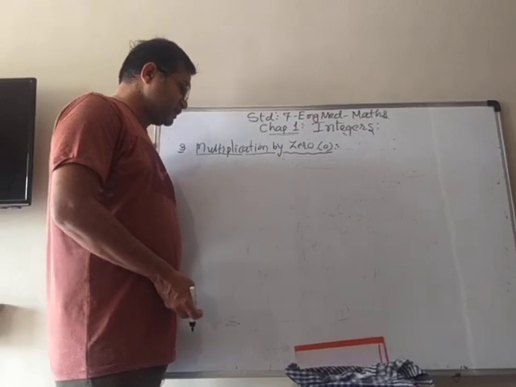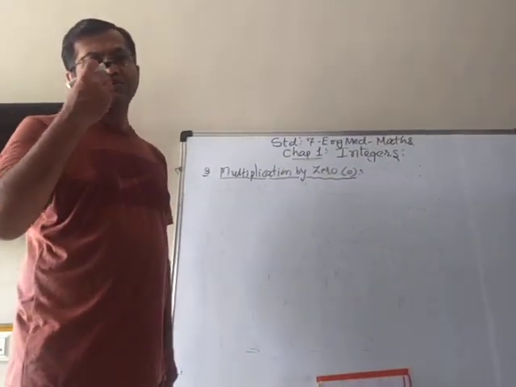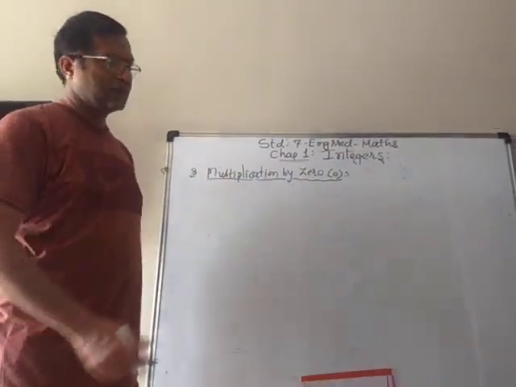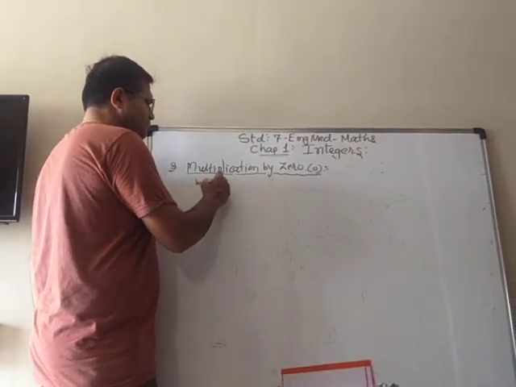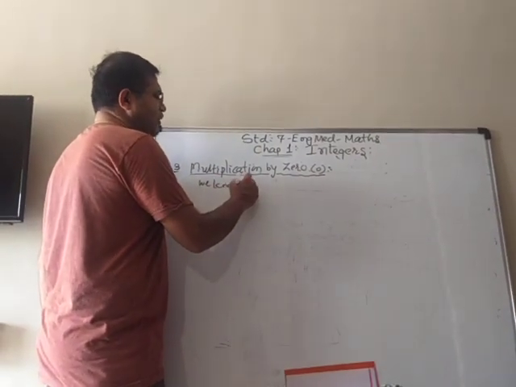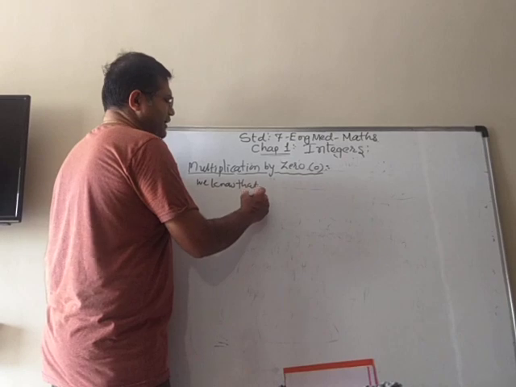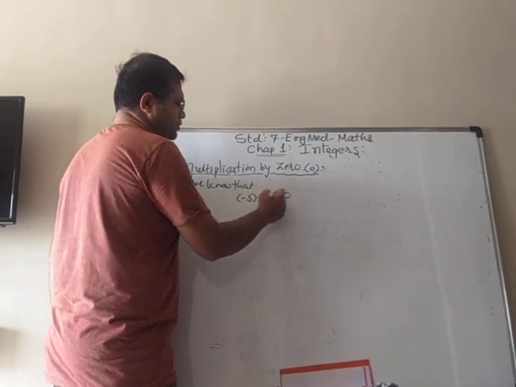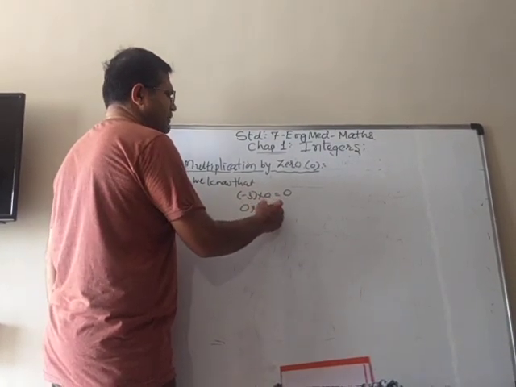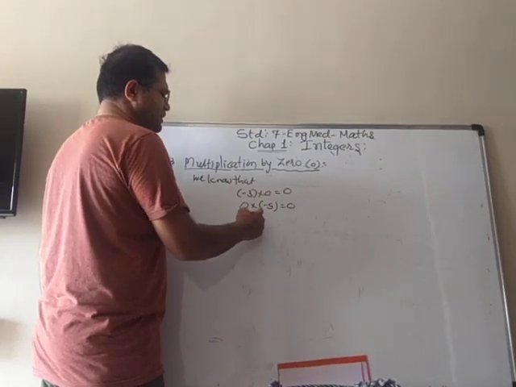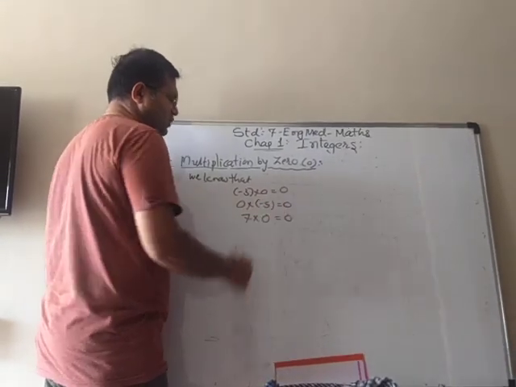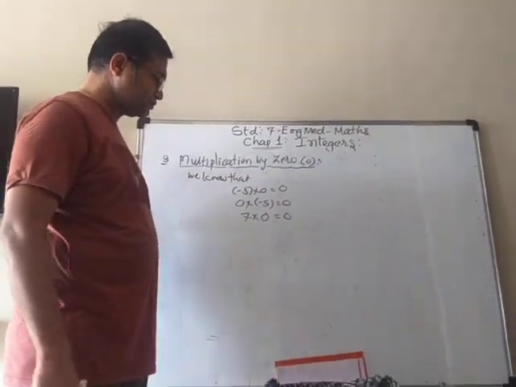Doesn't matter if it is a positive integer or a negative integer, we know that the product will always be zero. Minus 3 multiplied by 0 is 0. 0 multiplied by minus 5 is also 0. 7 multiplied by 0 is also 0, and so on.